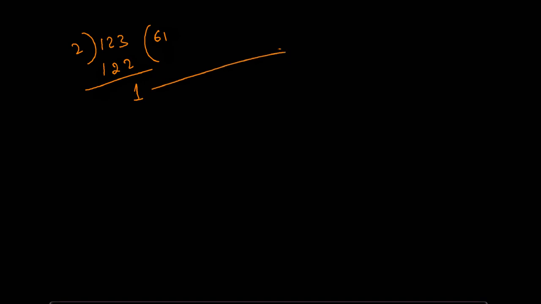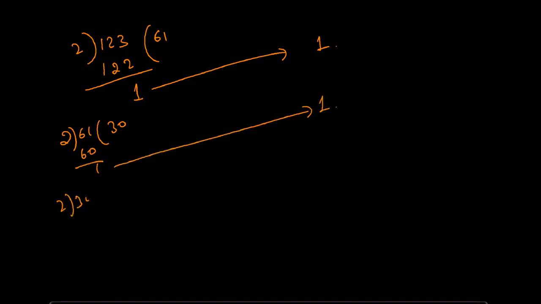For example, you want to find the binary equivalent of this 123. You divide 123 by 2: quotient 61, remainder 1.